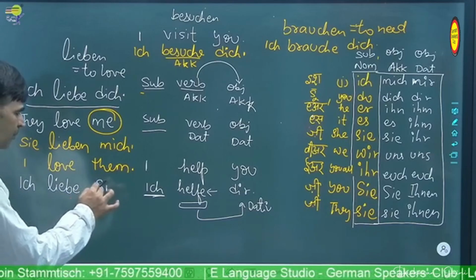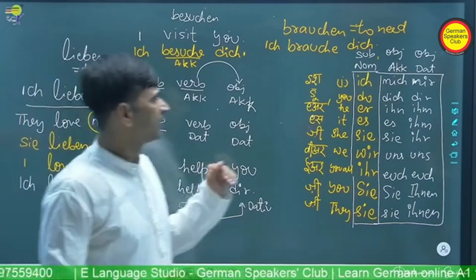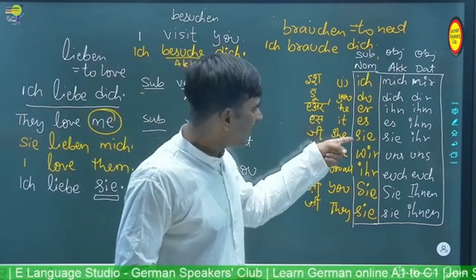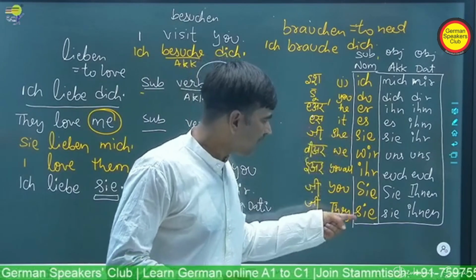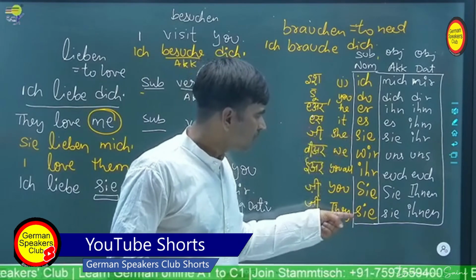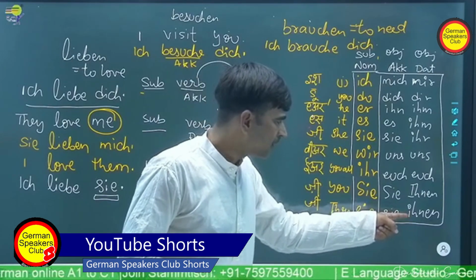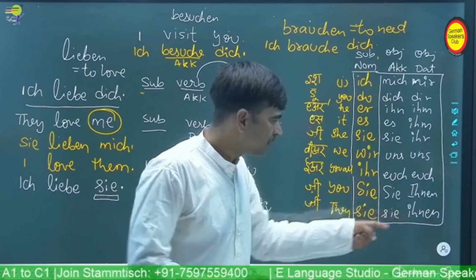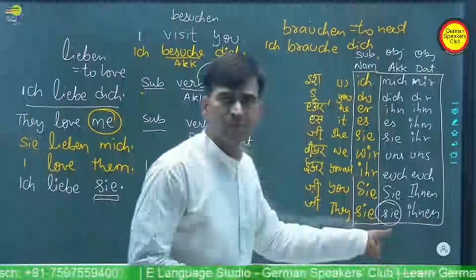And if I have to say, I love them, how do you do that? You would say, ich liebe sie. Sie.